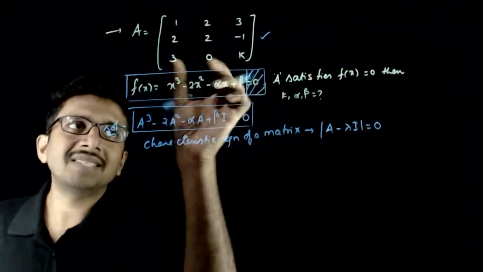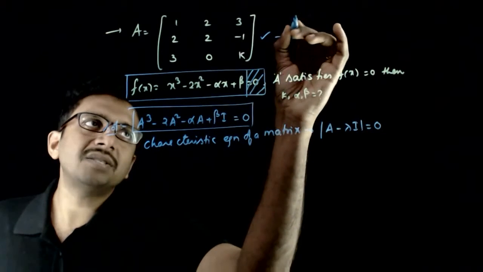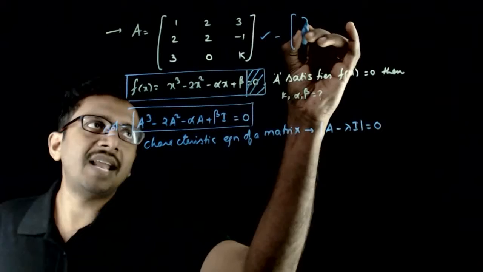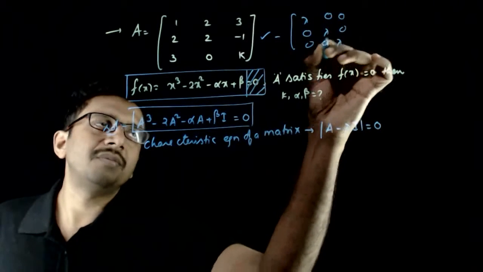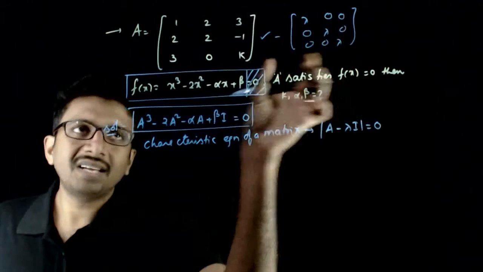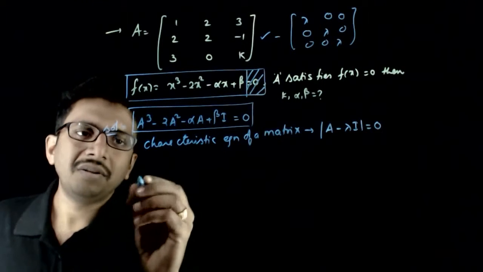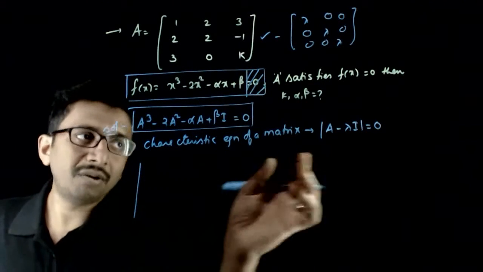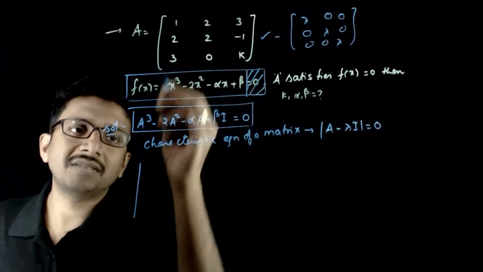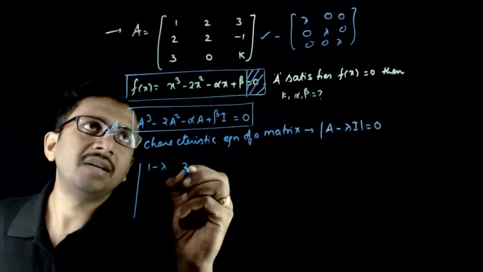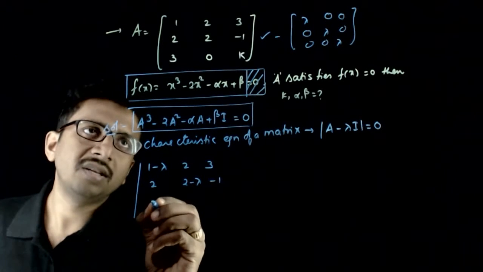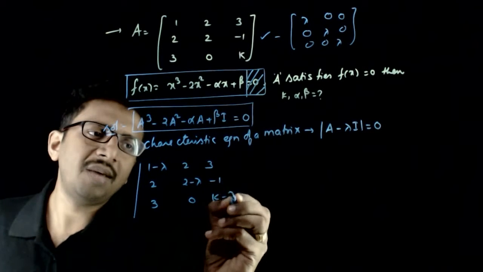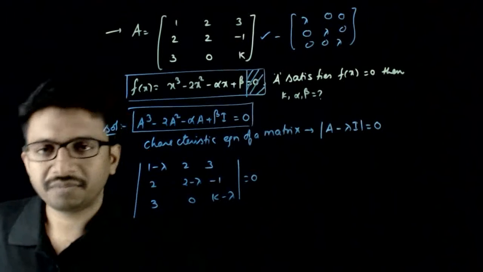So what is A minus lambda I? If you take minus lambda times I, it is lambda on the diagonal and 0 elsewhere. So if you take A minus lambda I, you get the determinant of the characteristic matrix: 1 minus lambda, 2, 3; 2, 2 minus lambda, minus 1; 3, 0, k minus lambda, equal to 0.